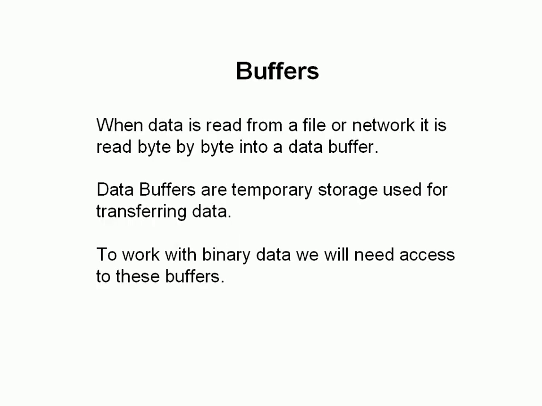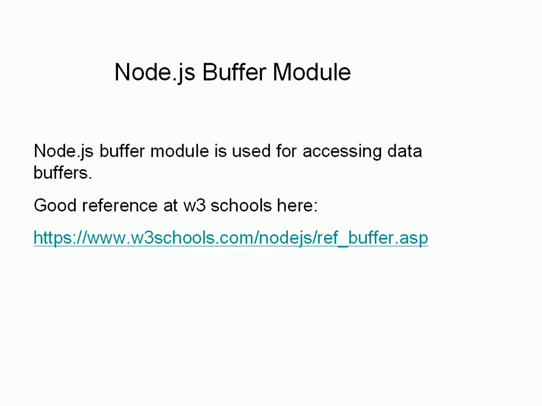When data is read from a file or network, it's read byte by byte into a data buffer. Now, a data buffer is simply a temporary storage area used for transferring data. But to work with binary data, we'll actually need access to these buffers. In Node-RED and Node.js, we'll be using the Node.js buffer module to access those data buffers.